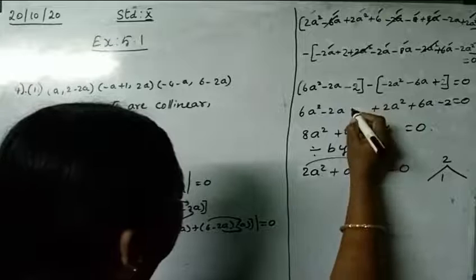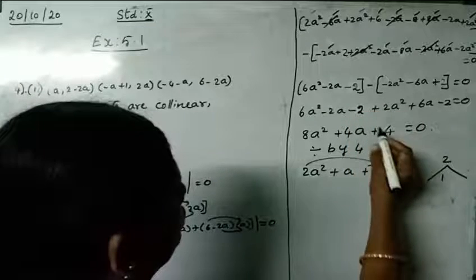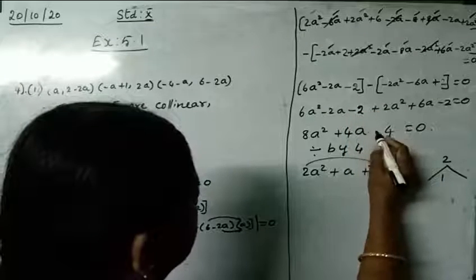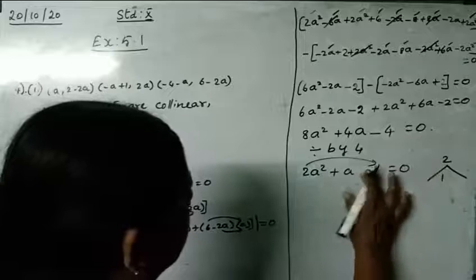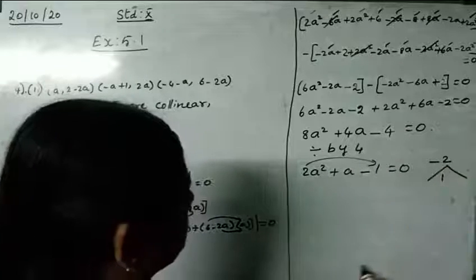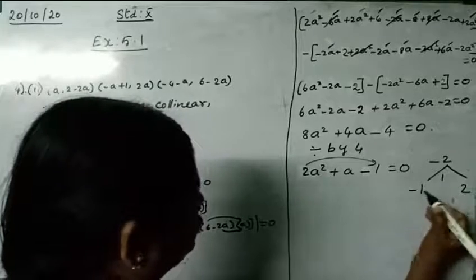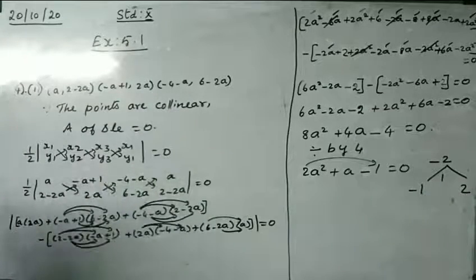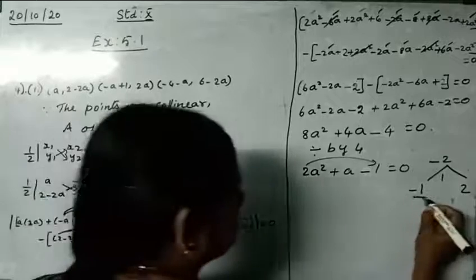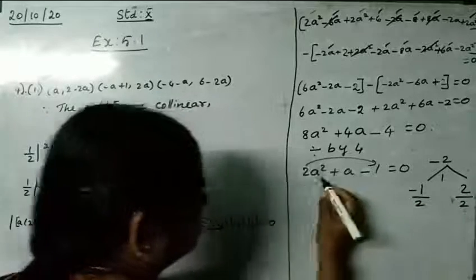So here it is minus 2. So minus 2 is minus 4. So here it is minus. So now 1, 2 is 2. 2 minus 1 is 1. So divide by 2, coefficient of a square.